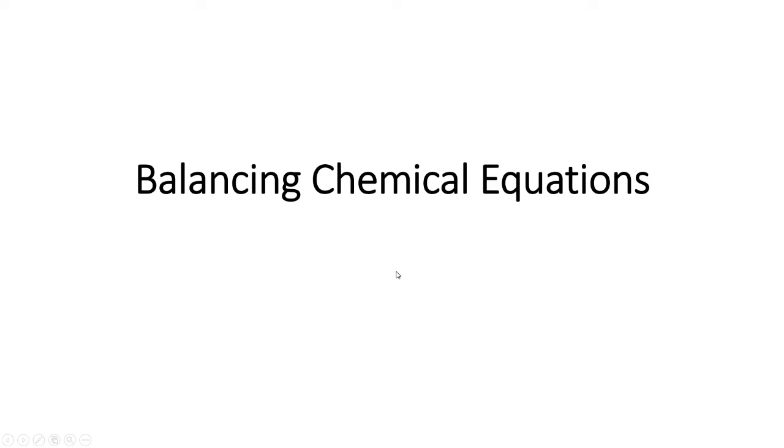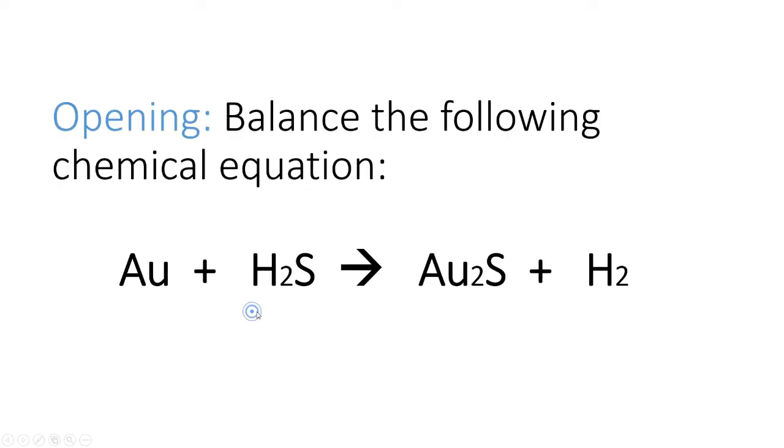All right, now that we've gone over some vocabulary and we reviewed what a coefficient is, it is time to balance some chemical equations. What was the opening today? Oh, okay, you might have had a little bit of difficulty with that. Let me show you how to do it. So we have gold. We're going to add it to H2S, and we're going to produce gold 1 sulfide, and we're going to also have a leftover.